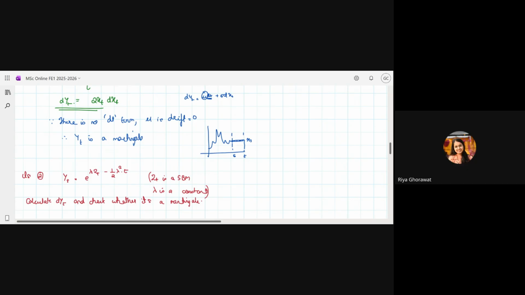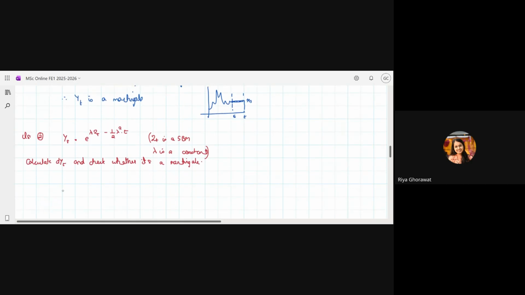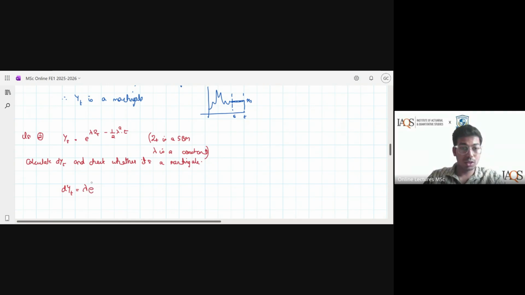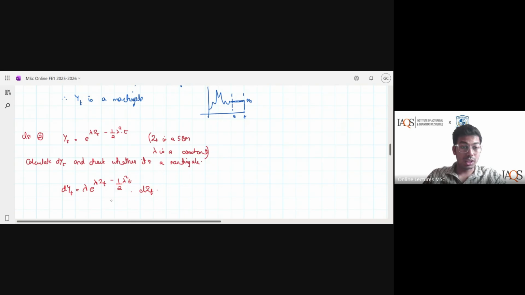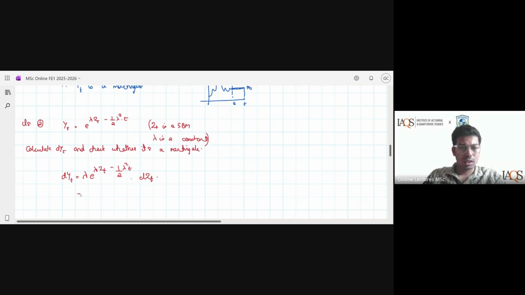Lambda e to the power lambda Z_t minus half lambda square t, dZ_t. Perfect.